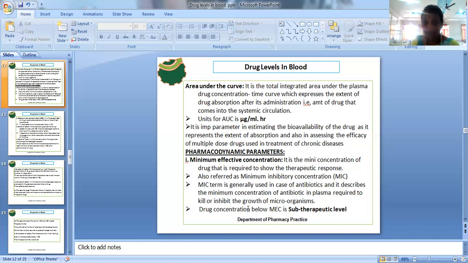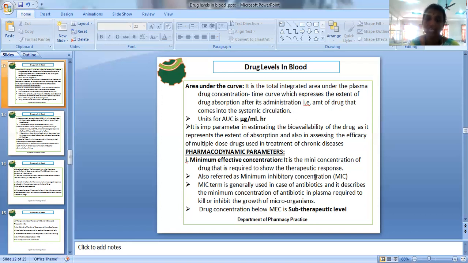But in the case of drugs such as antibiotics, the minimum effective concentration is considered the minimum inhibitory concentration. It is called that because it is the minimum concentration required to kill or inhibit the bacteria. To inhibit the bacteria, that minimum concentration is enough.